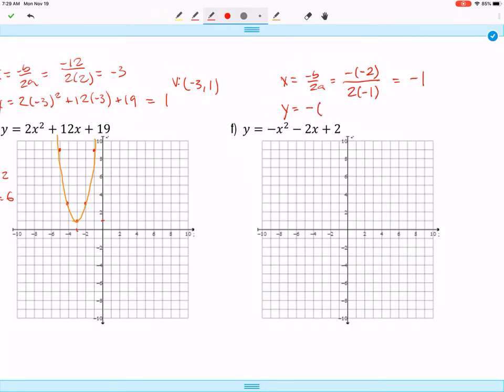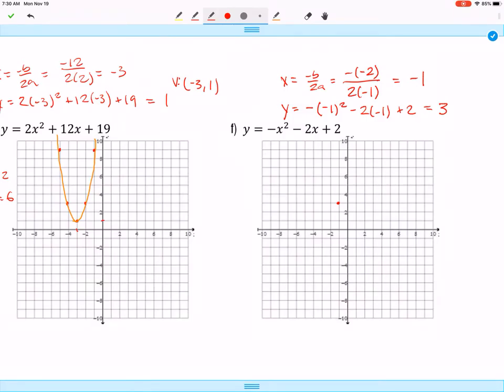So we get negative times negative 1 squared minus 2 times negative 1 plus 2. Plug that into your calculator. That gives you 3. So it's going to get this point right here. X is negative 1 and y is 3.